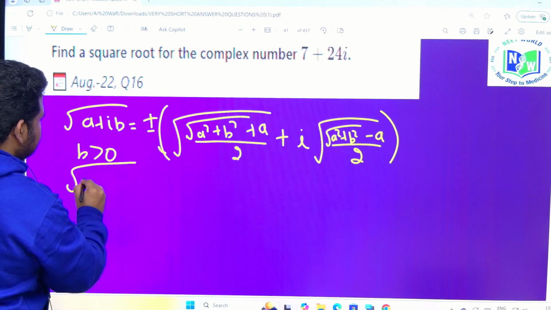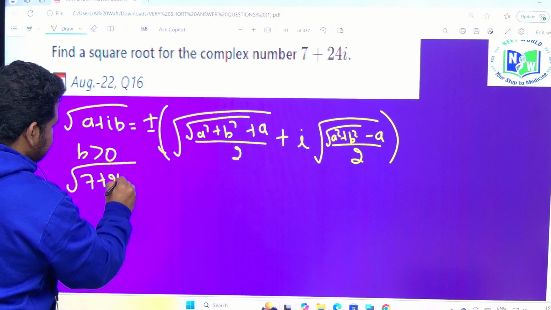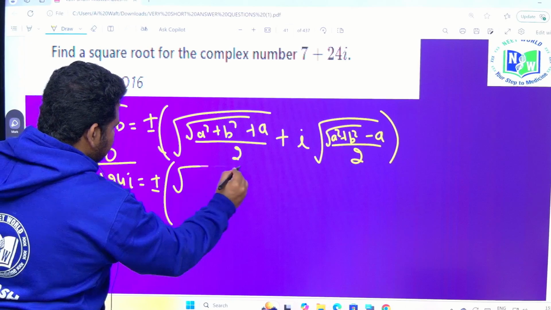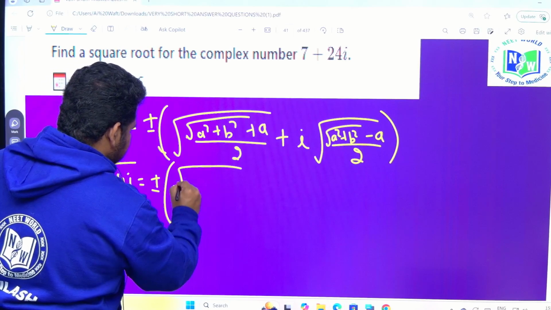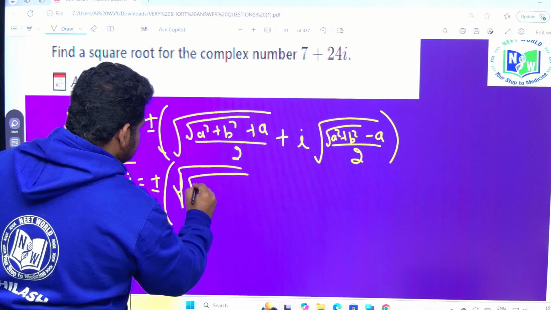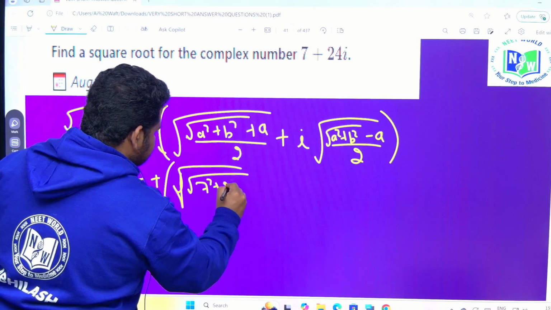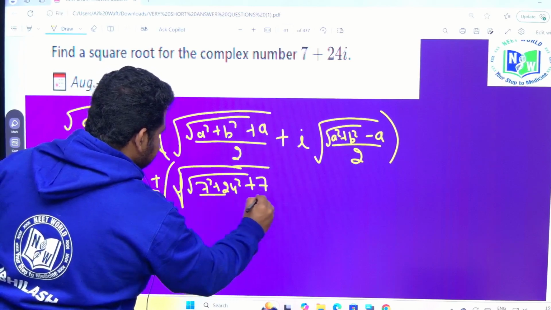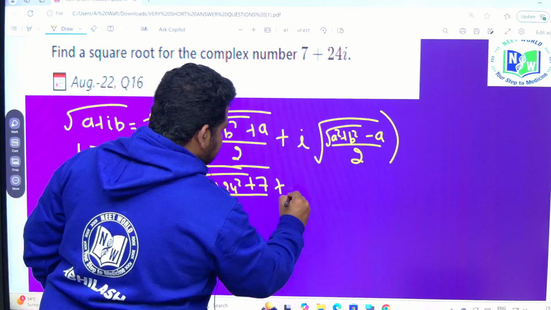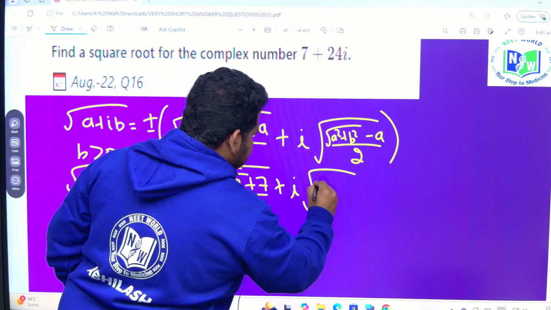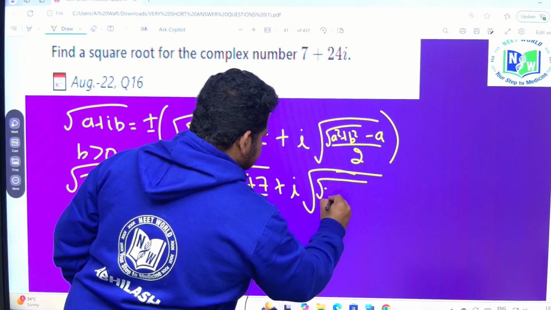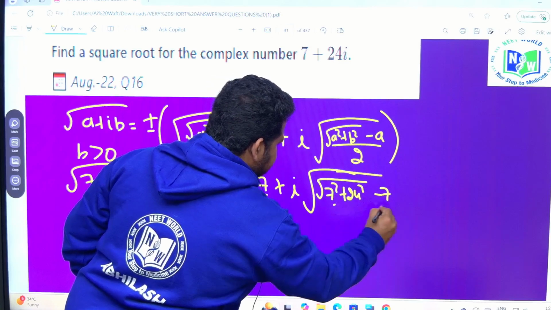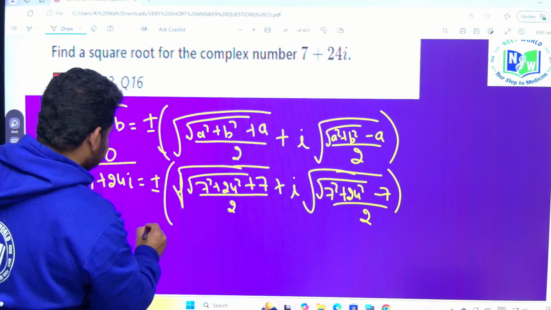So, square root of 7 plus 24i is equal to plus or minus square root of, again under square root of 7 square plus 24 square plus 7, a is 7, divided by 2, plus i into square root of, again square root of 7 square plus 24 square minus 7 divided by 2. So, this will be equal to what, friends?